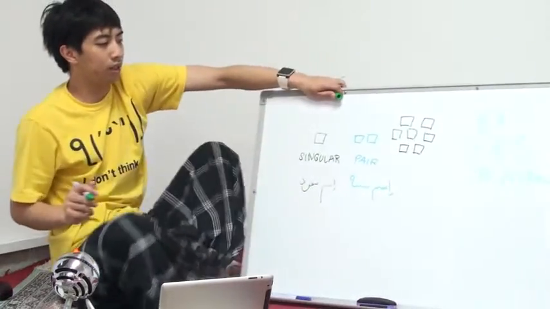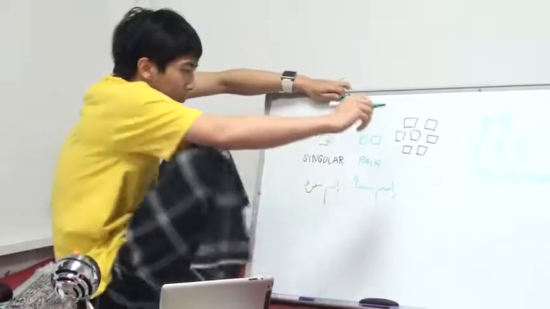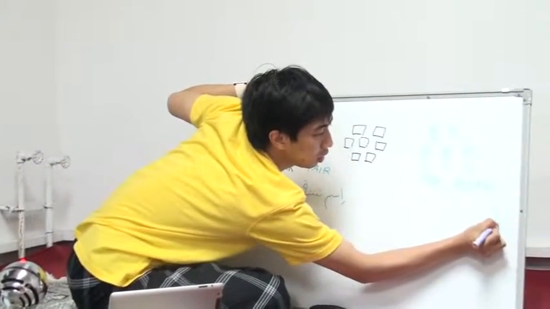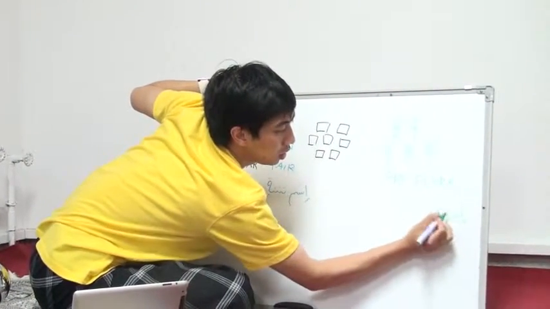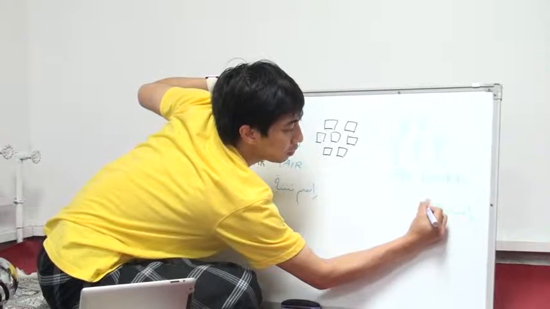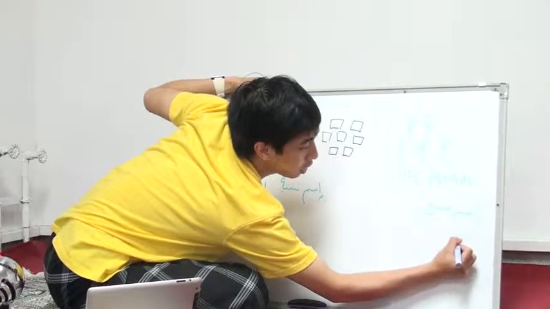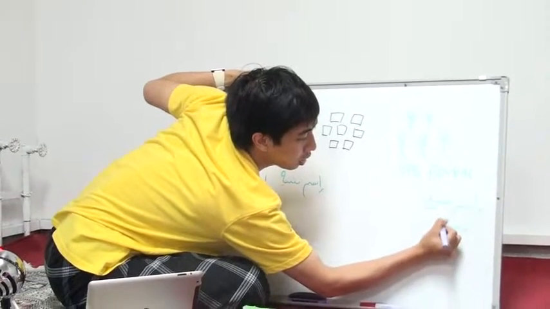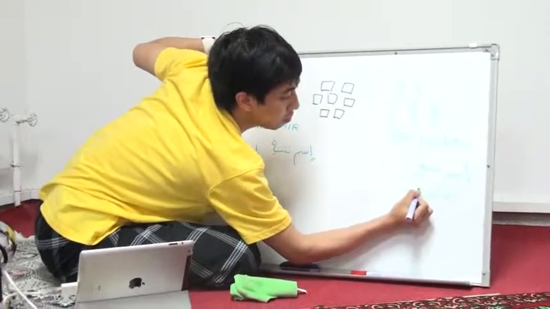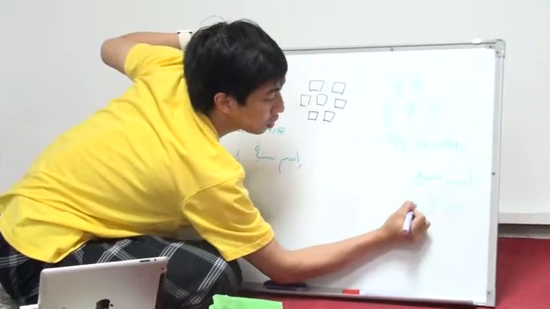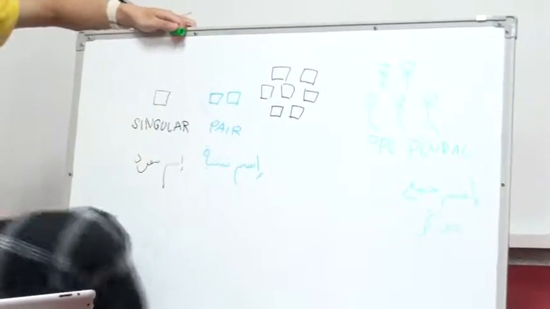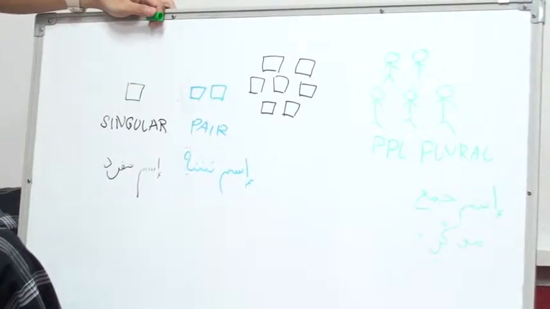In Arabic we call it ism jama' mudzakkar salim. Is it with alif?